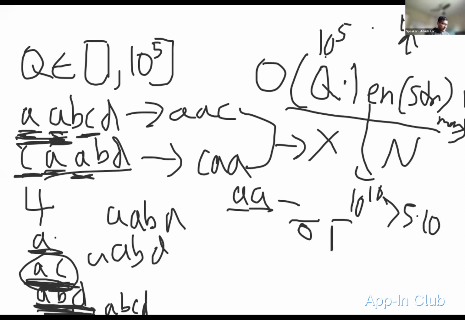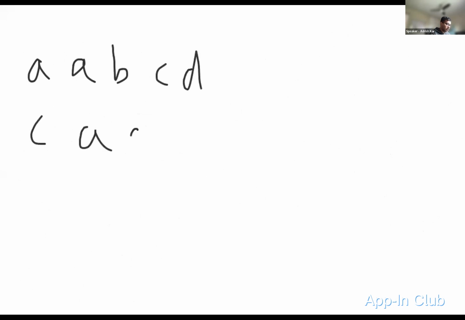If you just write out the strings, you notice that if you're given a subset, say AC, then these two strings can only be equal if the corresponding letters are in the same position.